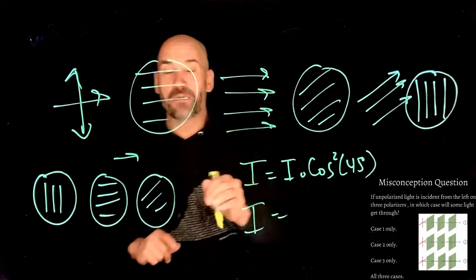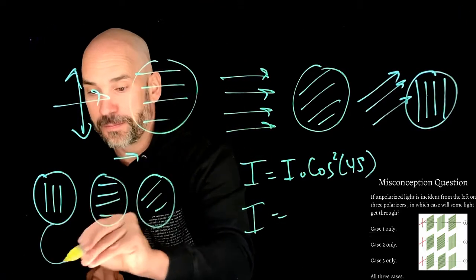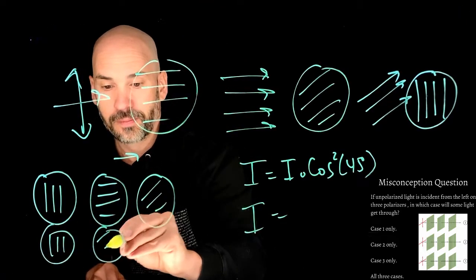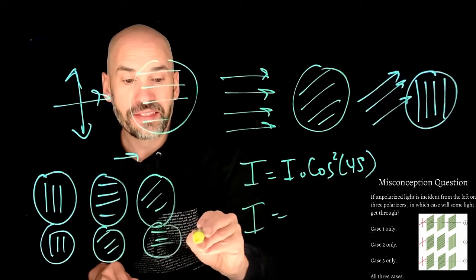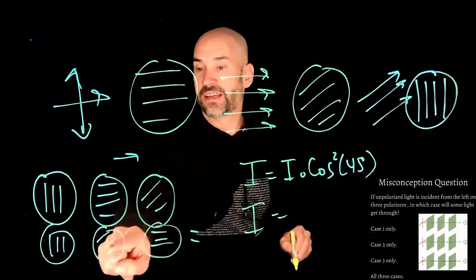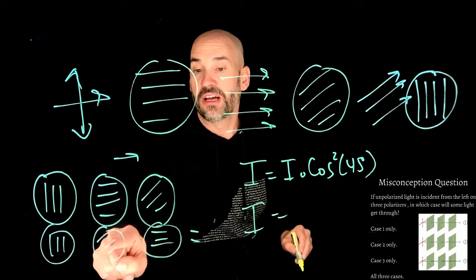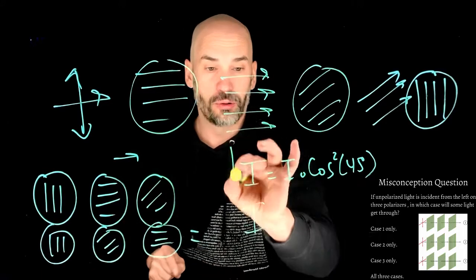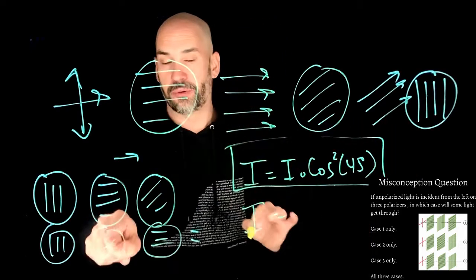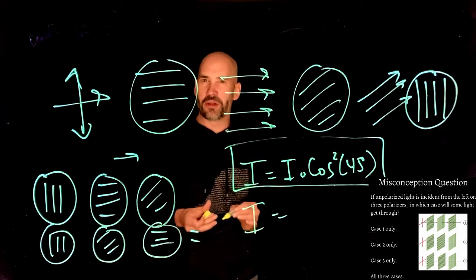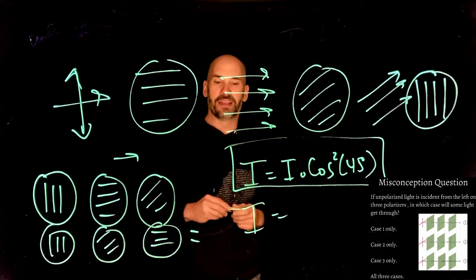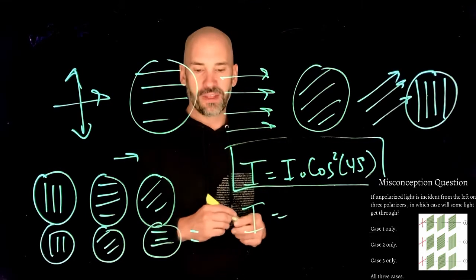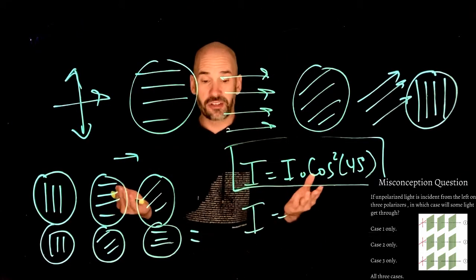But if you happen to put this diagonal one in between them, then you can actually get some light because going from here to here, you're not cutting out all the intensity because you're bound to this equation at that point. It's kind of weird. Light's weird. And that's one of the fun and interesting things about it. That's polarization in a nutshell.